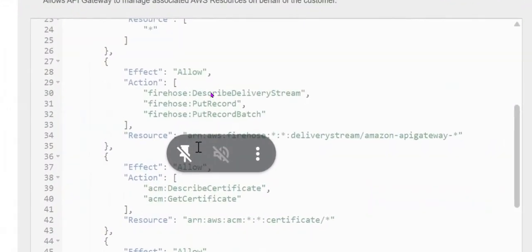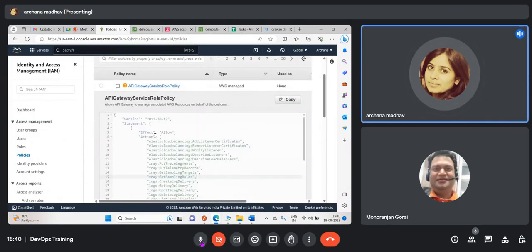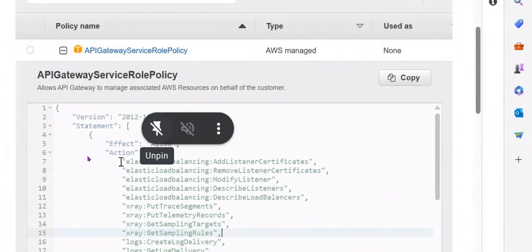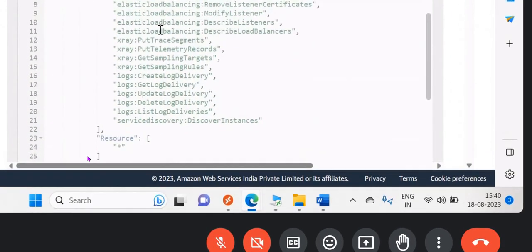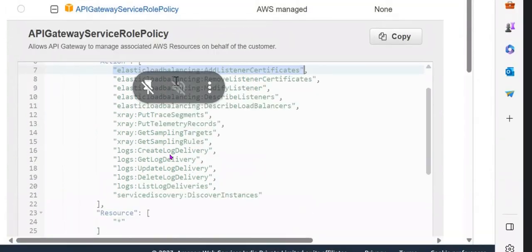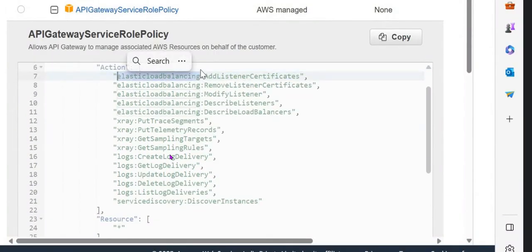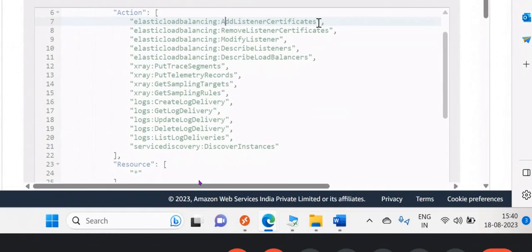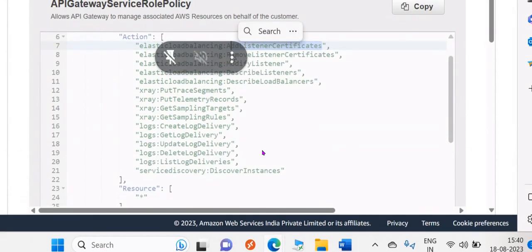Okay. So here, just one second, under statement, action is there. These are services, right? Elastic Load Balancing: under this service, it is able to add listener certificates. That is the permission that we are giving. Right.